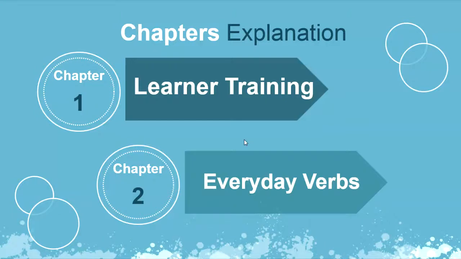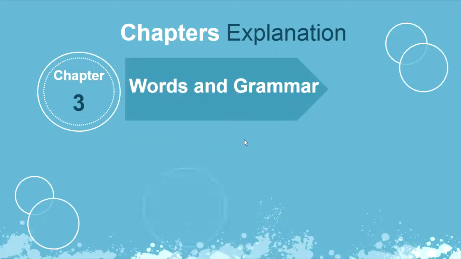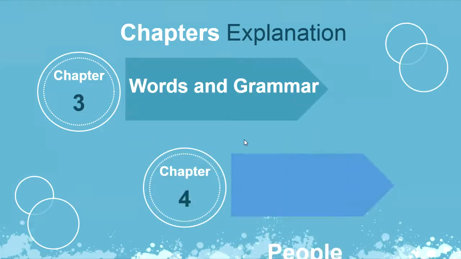And next, chapter 2 is everyday verbs. This chapter explains everyday verbs like go, have, walk, run, the very basic verbs that we often hear in daily activities. Next, chapter 3, words and grammar.